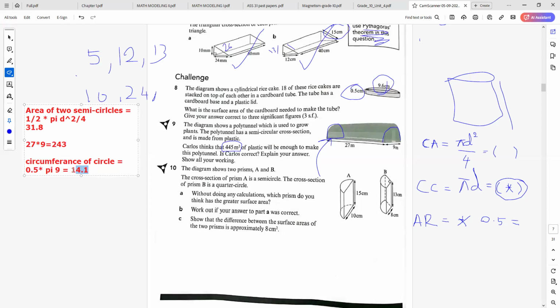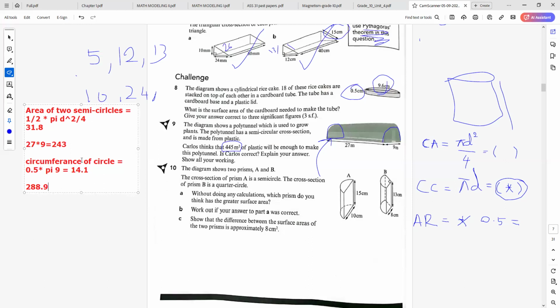That is 31.8 plus 243, right? 243 plus 14.1 is equal to 288.9, but there is a huge deviation in the answers.